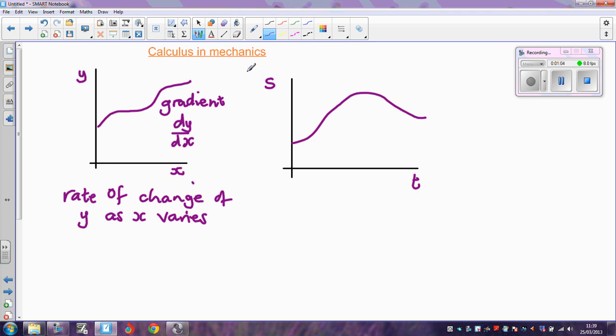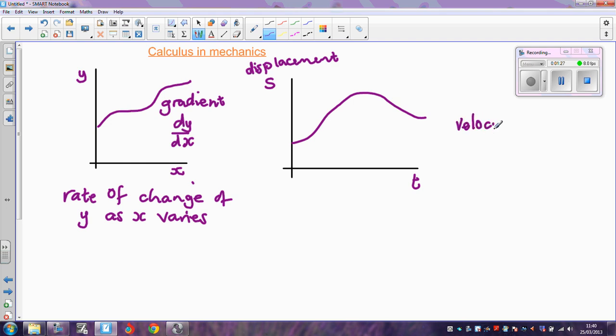So let's say we've got a graph that instead of being y against x is actually s, our displacement, measured against time. If we wanted to find the gradient of our displacement time graph, you already know that the gradient of a displacement time graph is equal to the velocity.